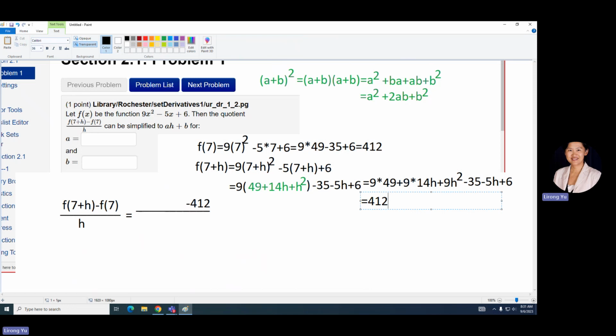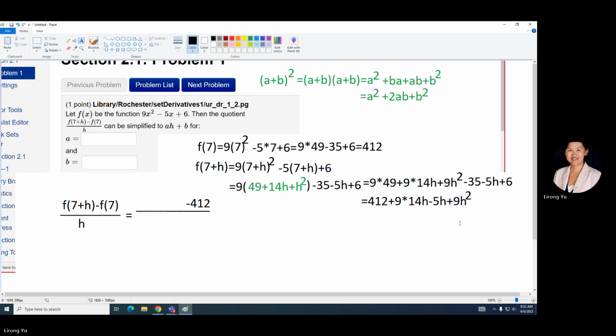And the degree 1 term, there's a degree 1 term here, there's a degree 1 term there. So that is really 14h minus 5h. We combine them. Then we have the square term, which is 9h squared. So this is after we combine the number, this number, that number, and that number, which was already combined when we're calculating this one.